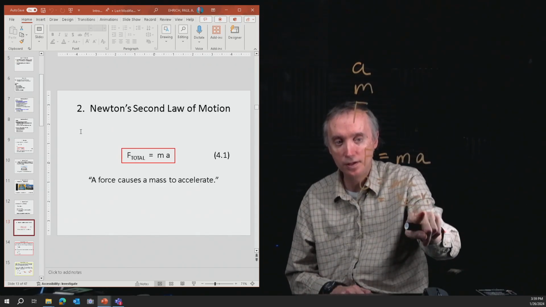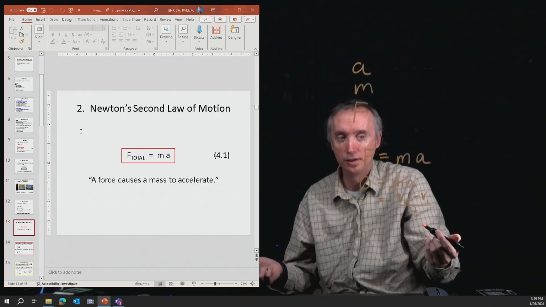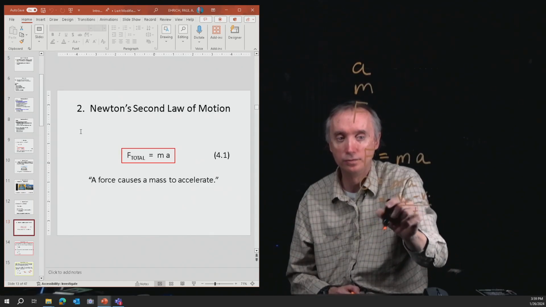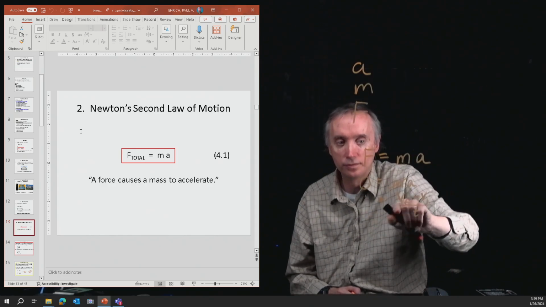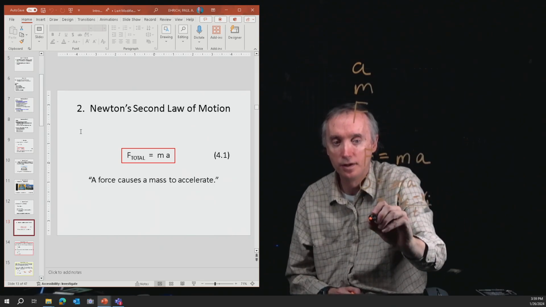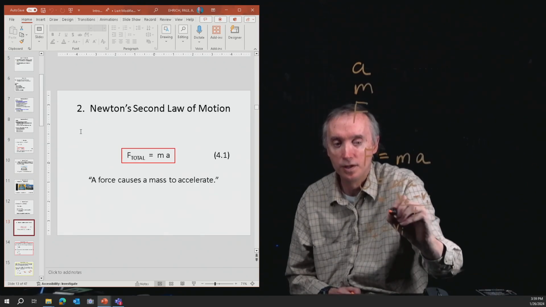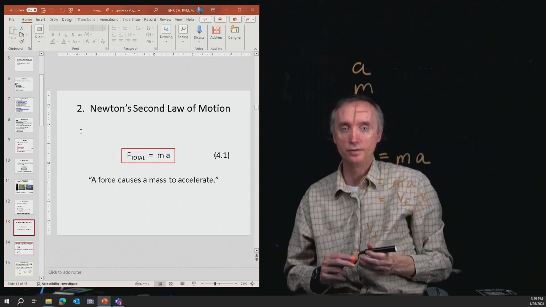Then you can take the t, multiply it by 0, which is going to be 0. And now you've got 0 is equal to this thing here, v final minus v initial. Take a v over to the other side, and you end up with that the final speed of an object is equal to its initial speed.